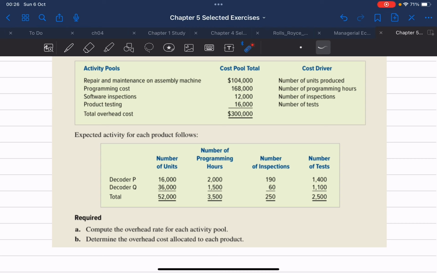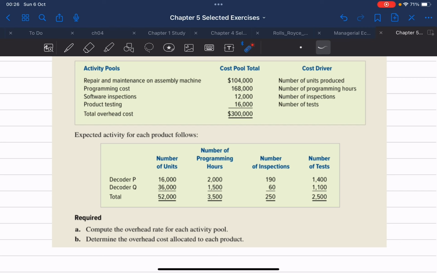Then take that allocation rate and multiply it by each activity. So if we determine, for example, for the first one, that the repair and maintenance on assembly machines is 104,000, that's the total cost. The cost driver here is the number of units produced. What's the total number of units produced? 52,000.